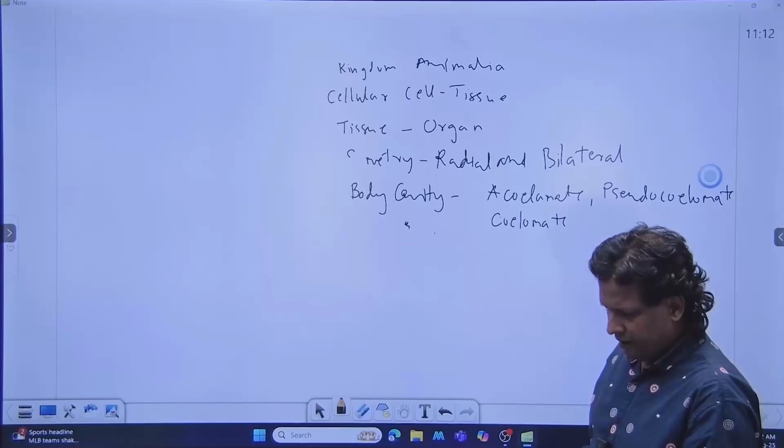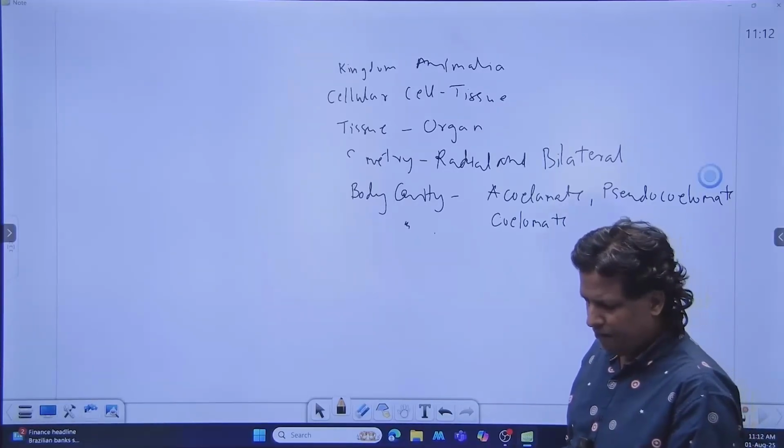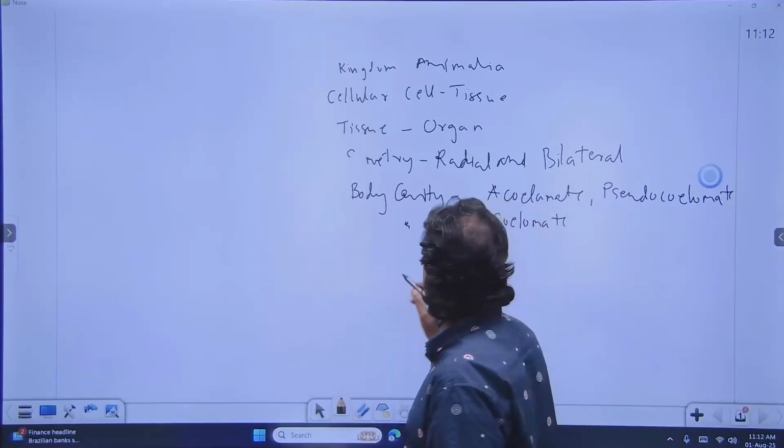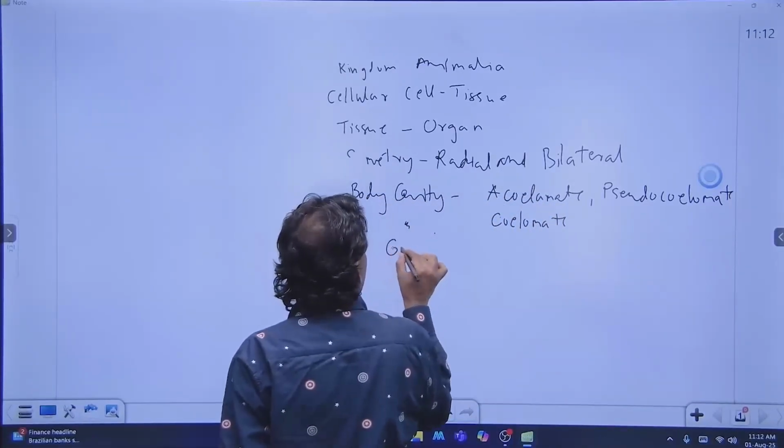Germ layers. There are many germ layers, called diploblastic and triploblastic. Okay. Germ layers. These are segments.